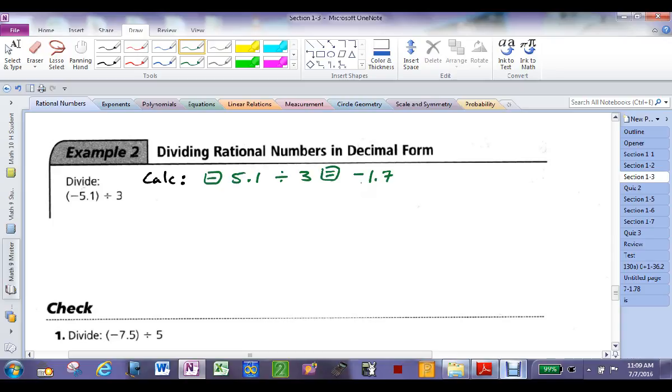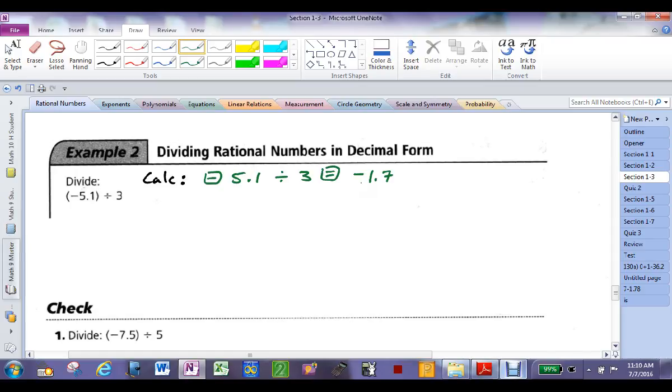Now, does anybody remember how to divide without a calculator? Aiden does. Anybody else? Well, division is related to multiplying, right? And when we multiplied decimals, we forgot about the decimal till the end, right? So do you think we do the same thing here?